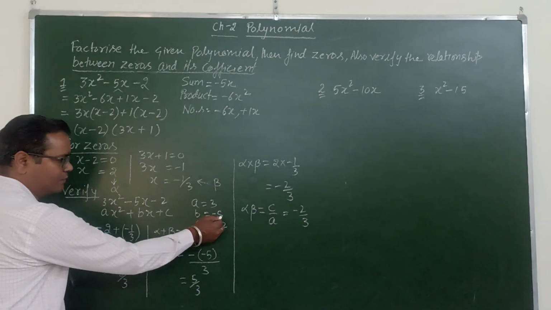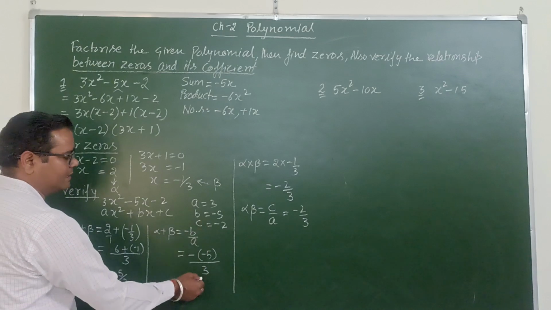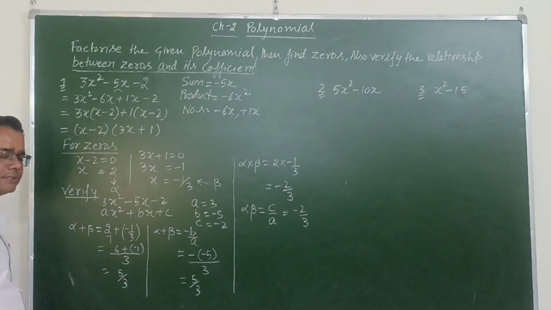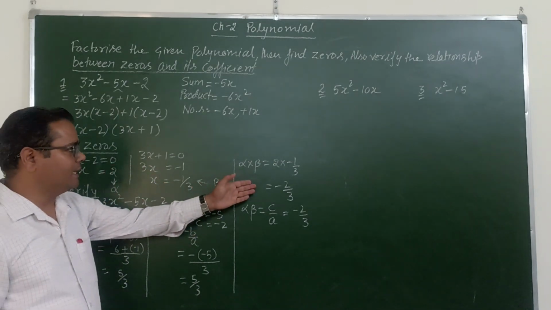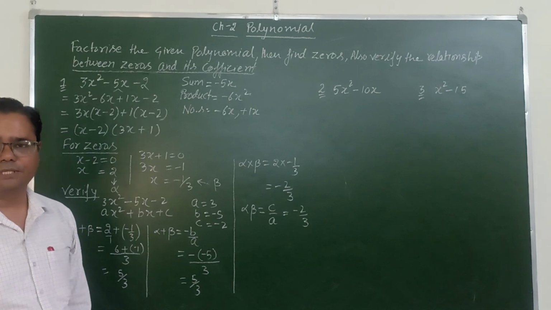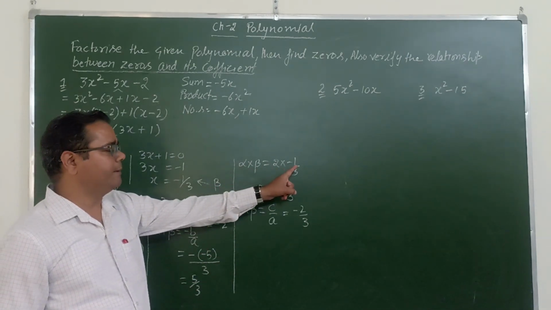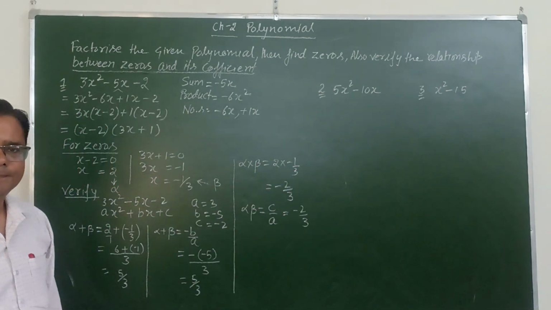So we substitute the values of minus b and a, and we will get the same value we got by adding alpha and beta. In the second part, alpha into beta, product of zeros, is equal to 2 multiplied by minus 1 by 3, which is minus 2 by 3.